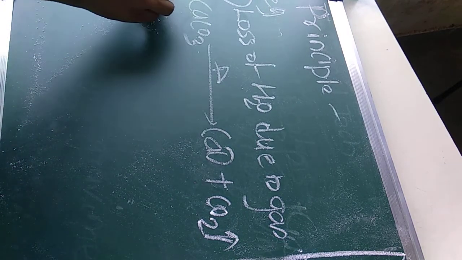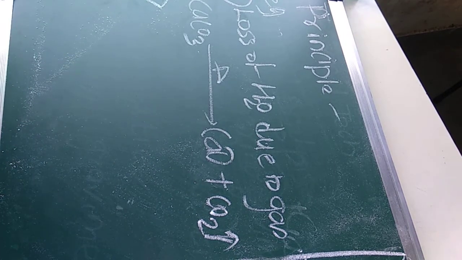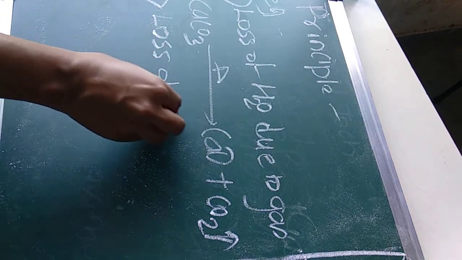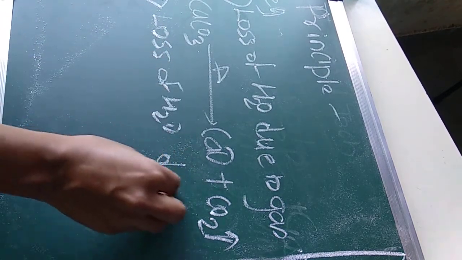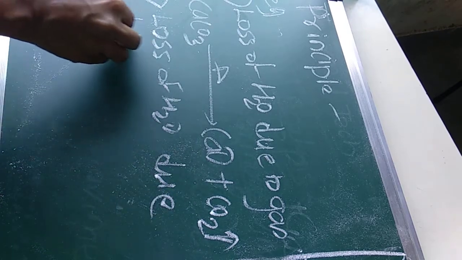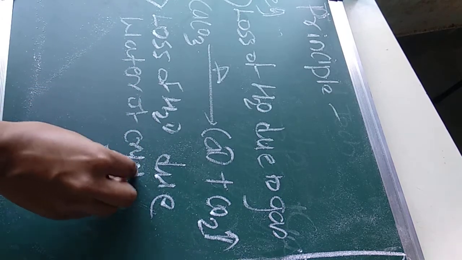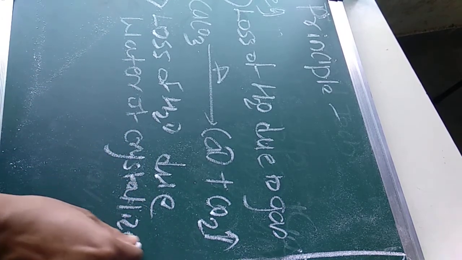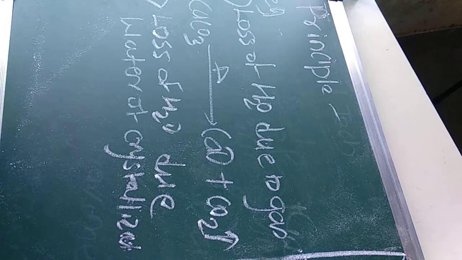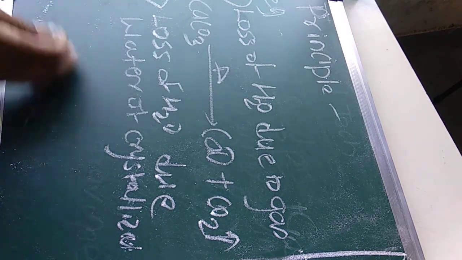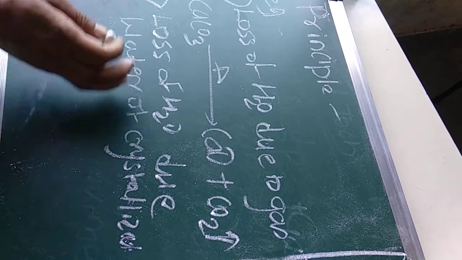The second example is loss of H2O due to water of crystallization. For that we see one example, CuSO4·5H2O, hydrated copper sulfate.